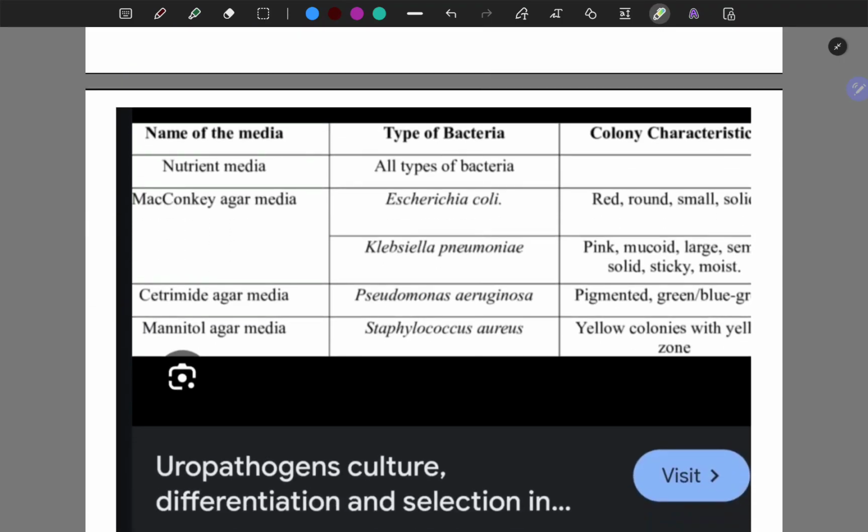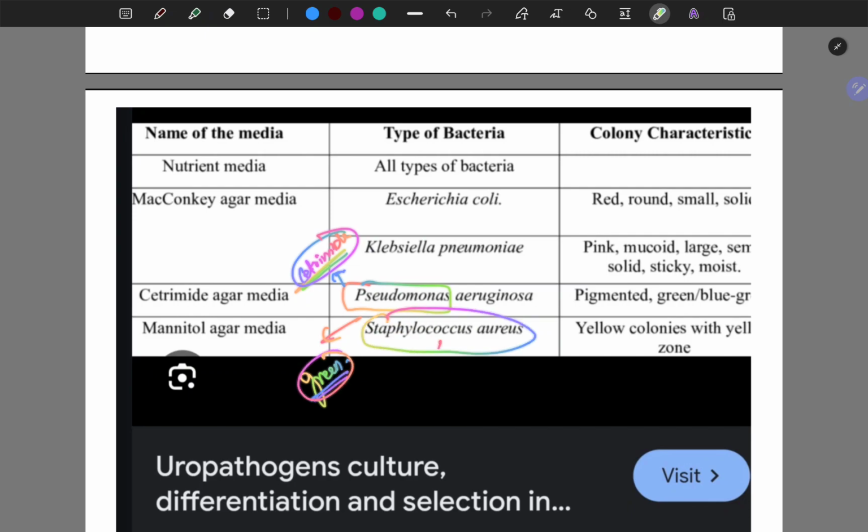Sometimes they will ask you about culture media. I just want you to remember some basic points. Pseudomonas, that's predominantly on cetrimide agar, where we know that it is producing green color colonies.